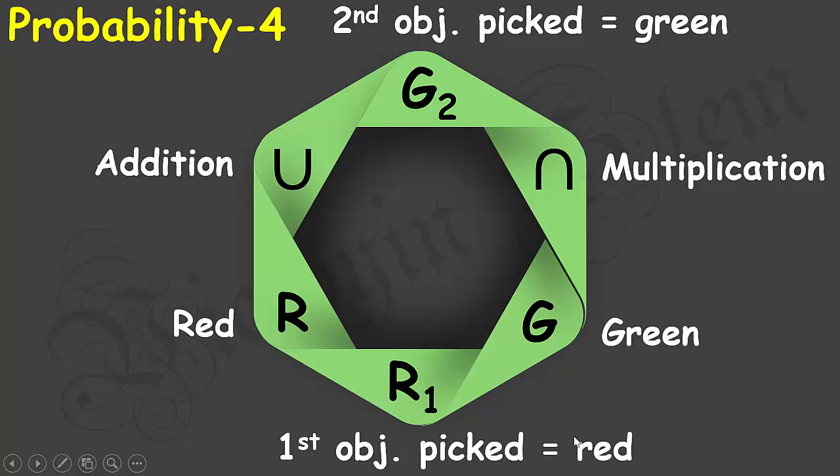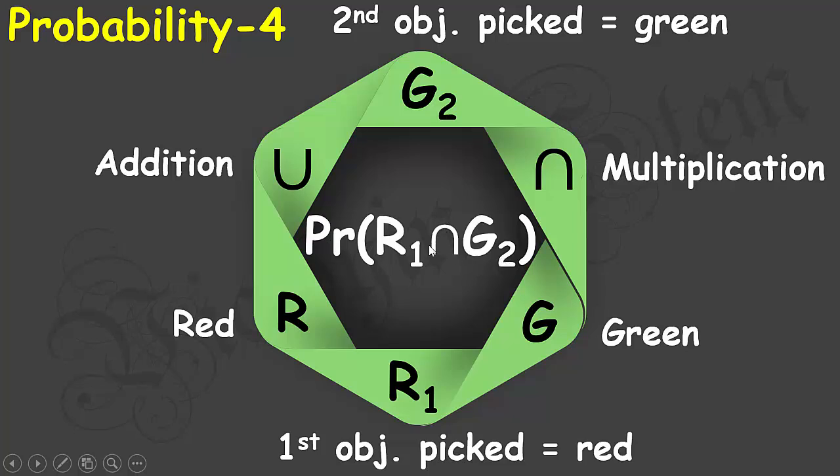Let's assume the person picks the first object and the object is red, and the second object picked is green. That is represented as G subscript 2. Now, if that occurs, there are two scenarios I want to paint in this question. The probability that the first object picked is red and the second object picked is green.